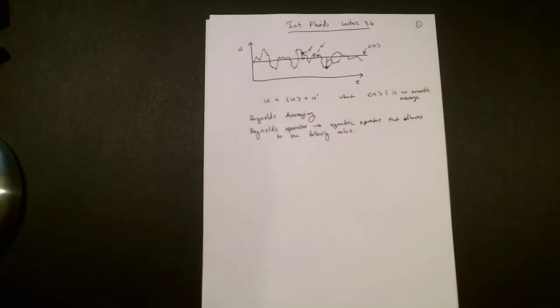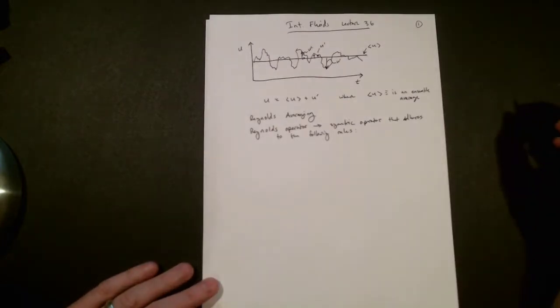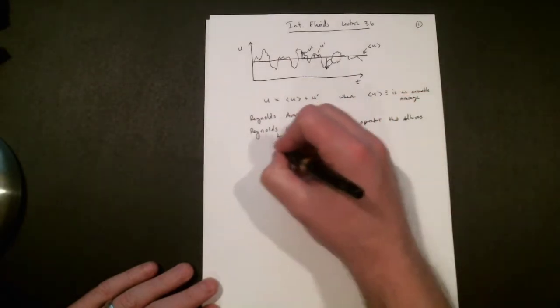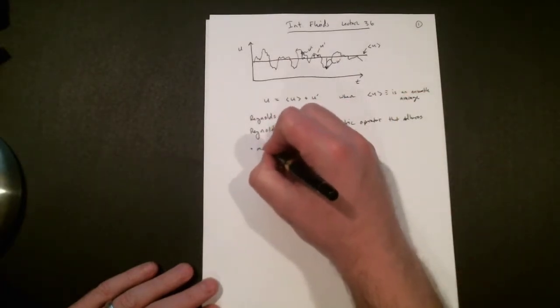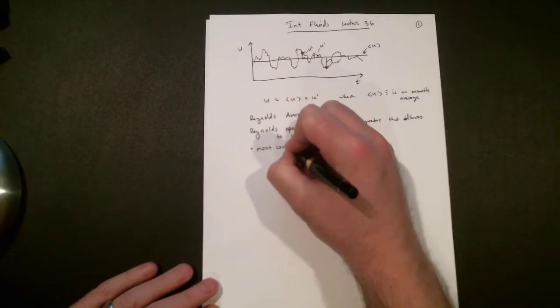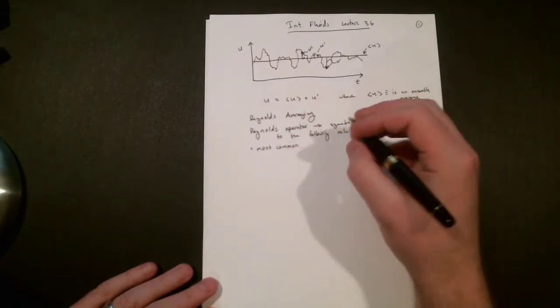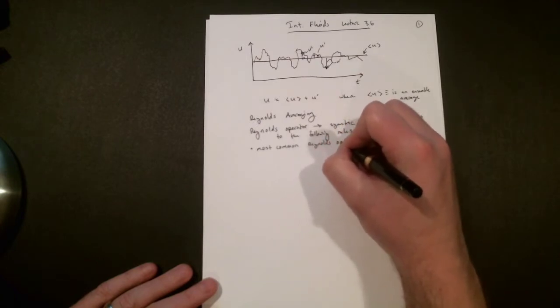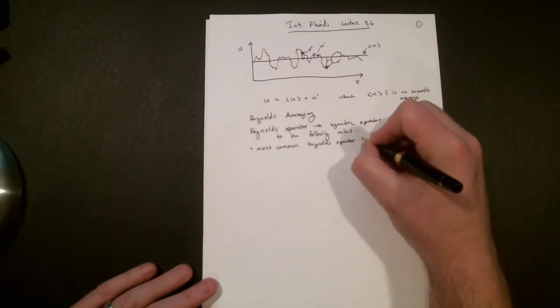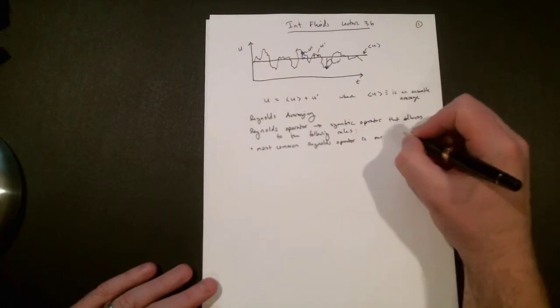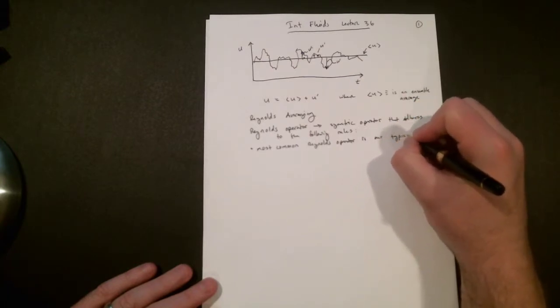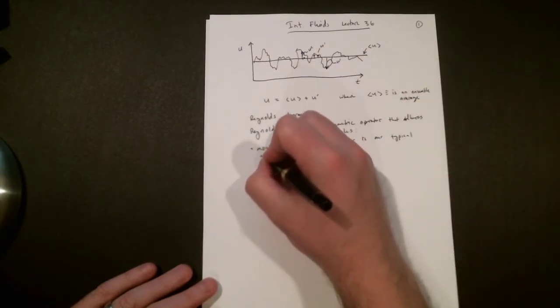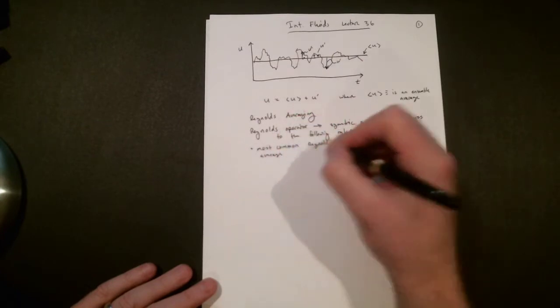The most common Reynolds operator for Reynolds averaging is our typical average, that we already know of.